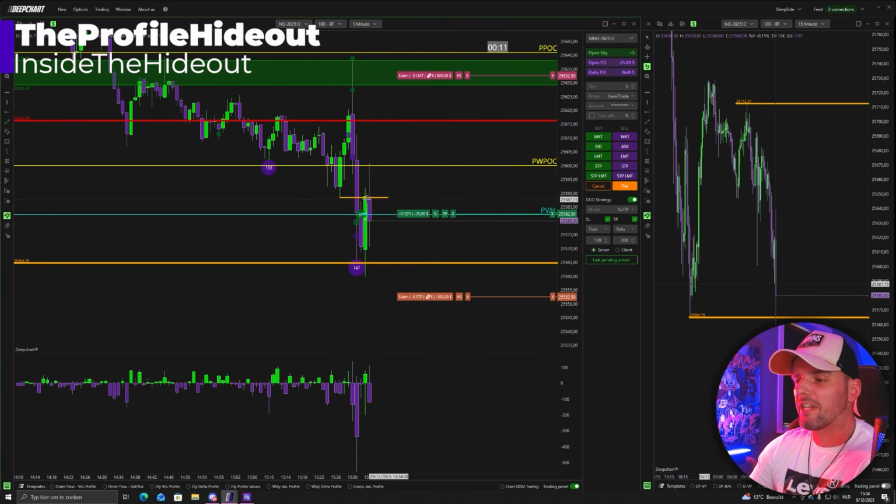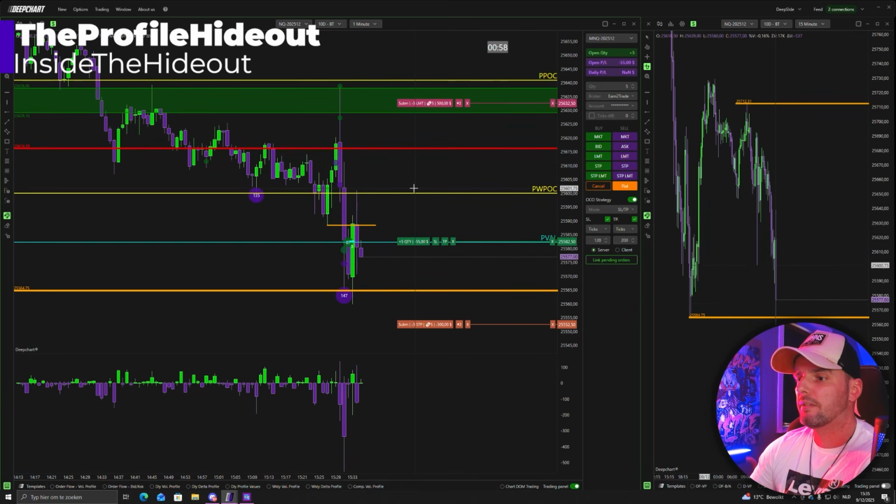And I don't want to see a rejection of this swing point here. Still rejecting prior weekly POC. See if we can get some buyers here.